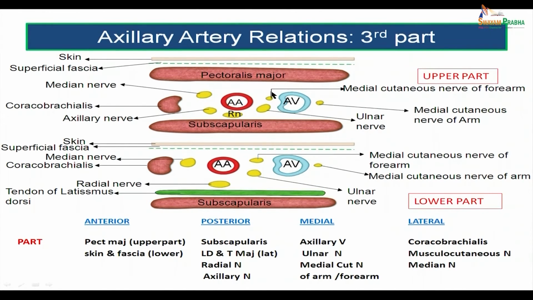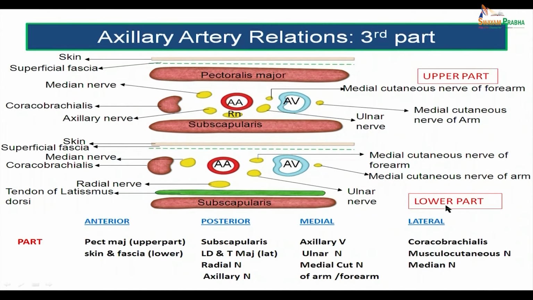Lateral to the axillary vein, first we have the ulnar nerve a little posterior, and in front of the ulnar nerve we have the medial cutaneous nerve of forearm. Now, coming to the lateral relations, we have the median nerve and the axillary nerve, and further laterally we have the muscle coracobrachialis.